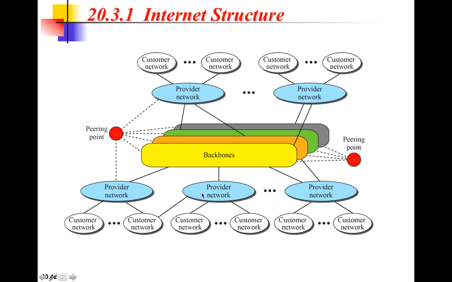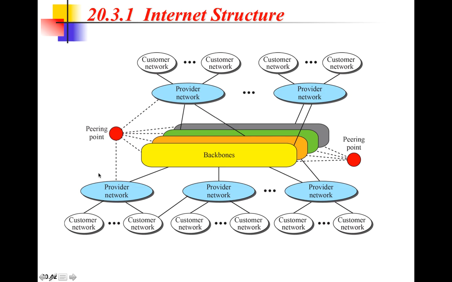So what we are talking about here is we have different domains. We have different companies providing the services of backbone, provider networks, customer networks, peer networks, different companies fulfilling the roles of these different types of networks.